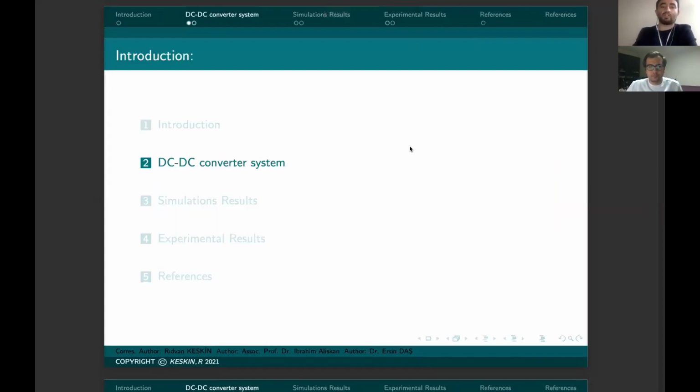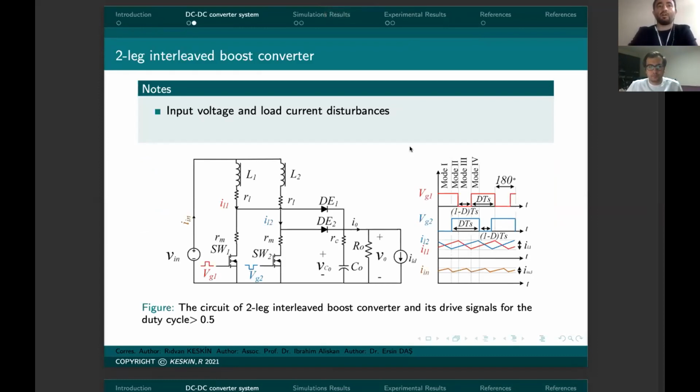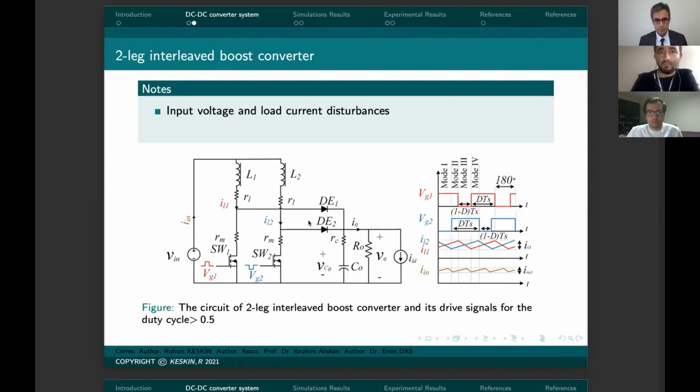Here is the two-leg interleaved boost converter circuit. The converter consists of 2 active and 2 passive components and a low-pass filter. The parasitic resistances of inductances, switches, and capacitors are included in the nominal modeling using the small signal modeling method.